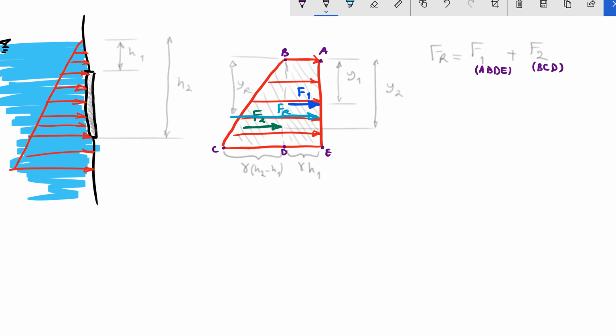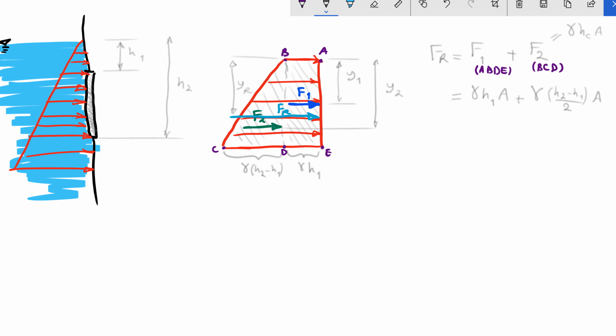Let's put in the values. F1, as we talked about, for the first section, is gamma H1 multiplied by the area. For F2, remember the formula was gamma HC A. Gamma HC is a half, so it is going to be gamma times H2 minus H1 divided by 2, times the area. Done. I found the magnitude of the resultant force.